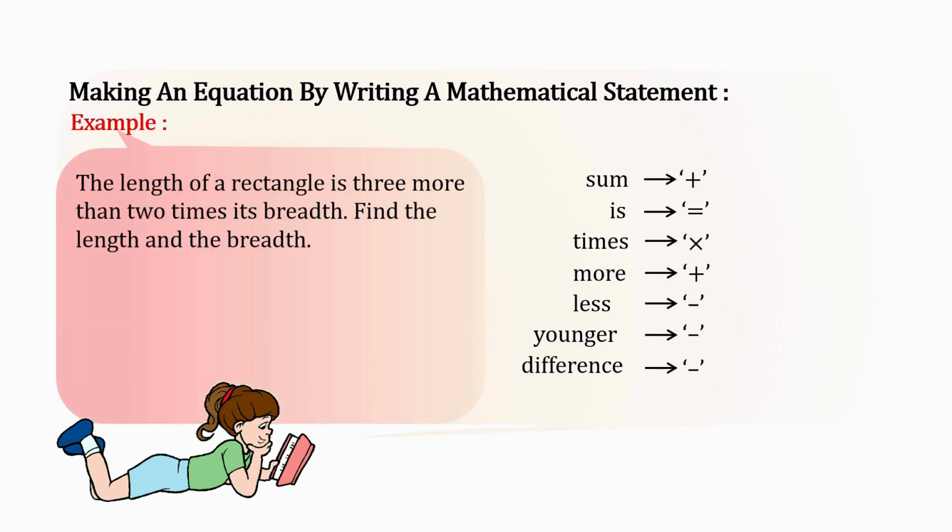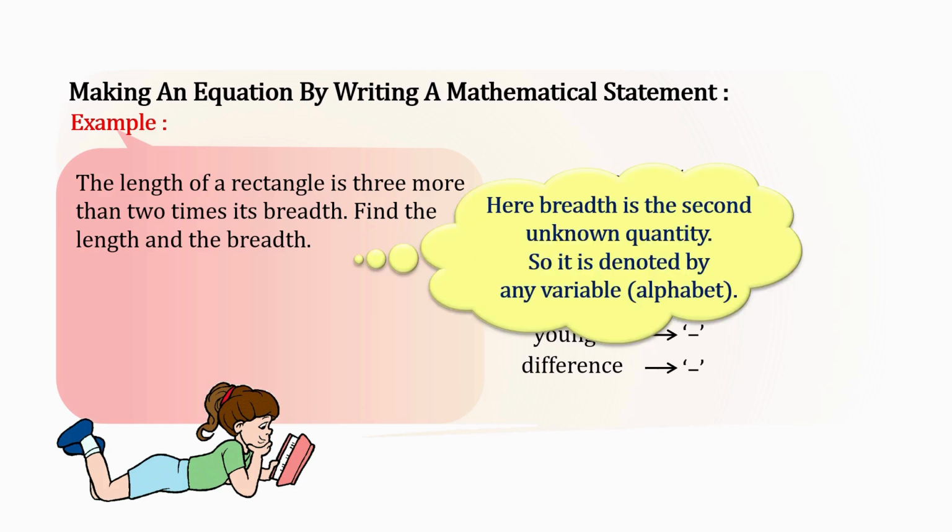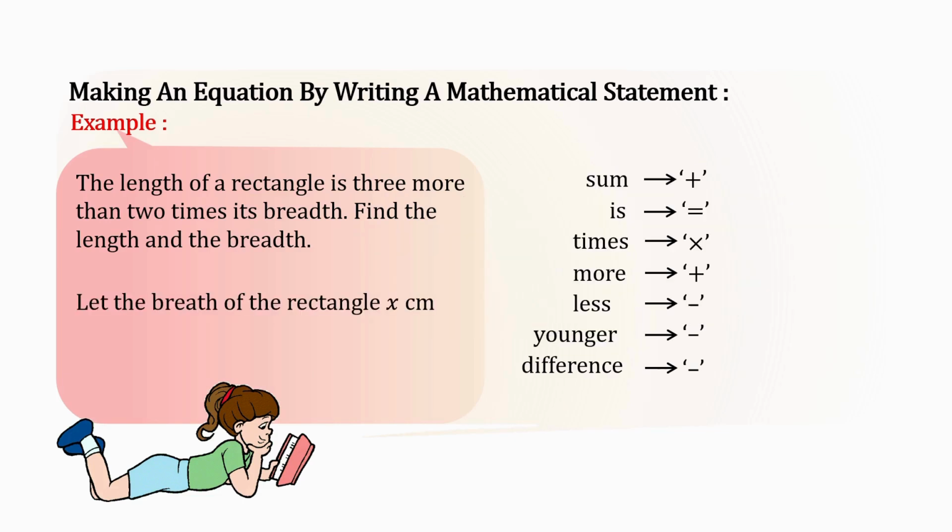Example, the length of a rectangle is 3 more than 2 times its breadth. Find the length and the breadth. So here breadth is the second quantity, that is the unknown quantity. So it is denoted by any variable that is in the form of an alphabet. Let the breadth of the rectangle be x centimeter. So the length of the rectangle will be 2x plus 3.